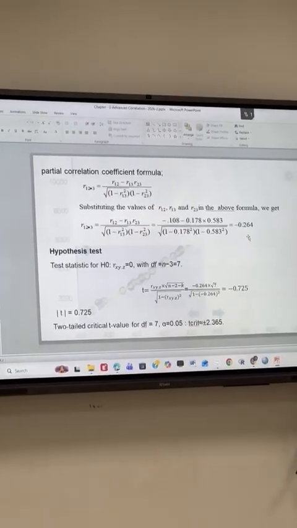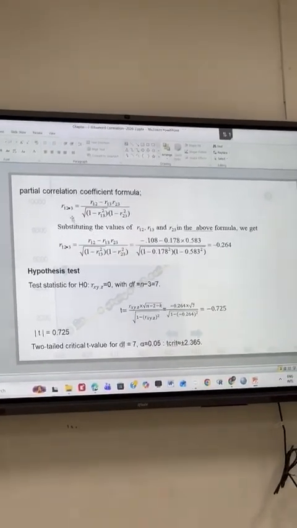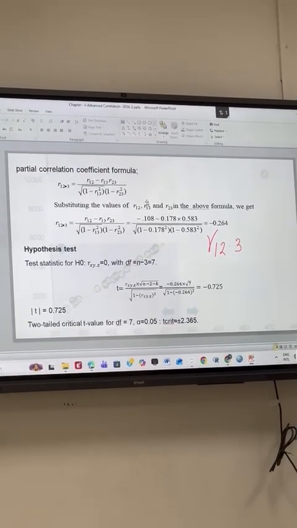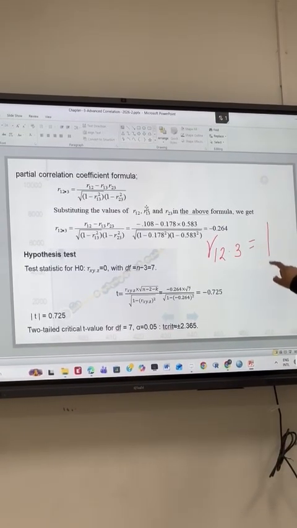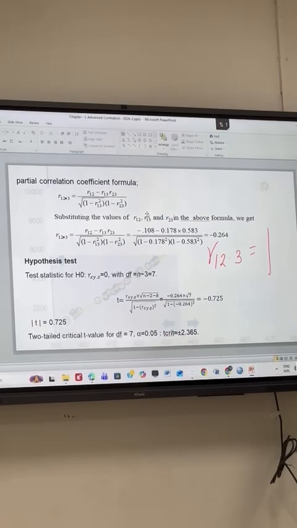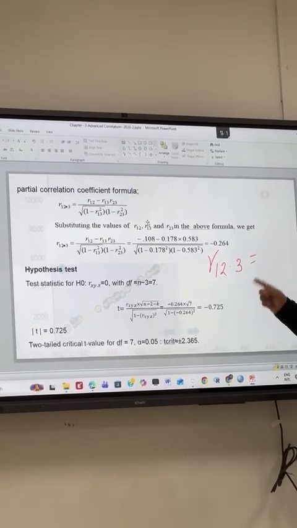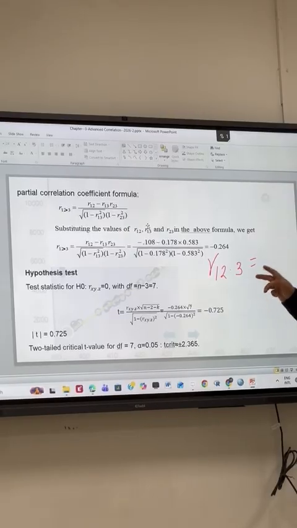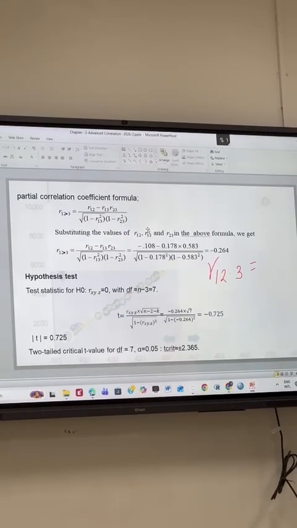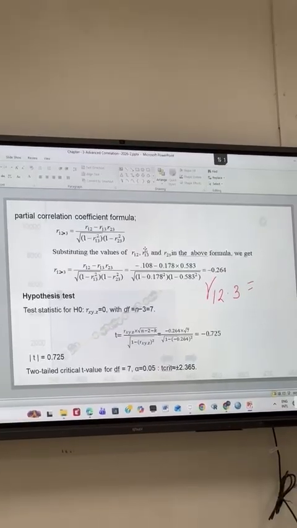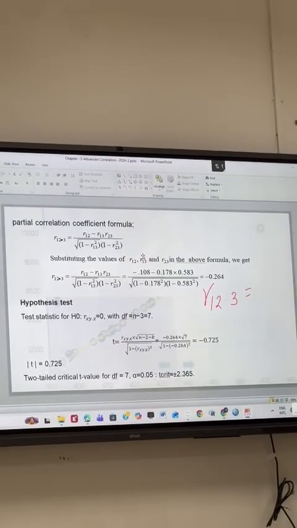Why do we keep 3 here? He said controlling the age, so age is variable number 3 in the question.